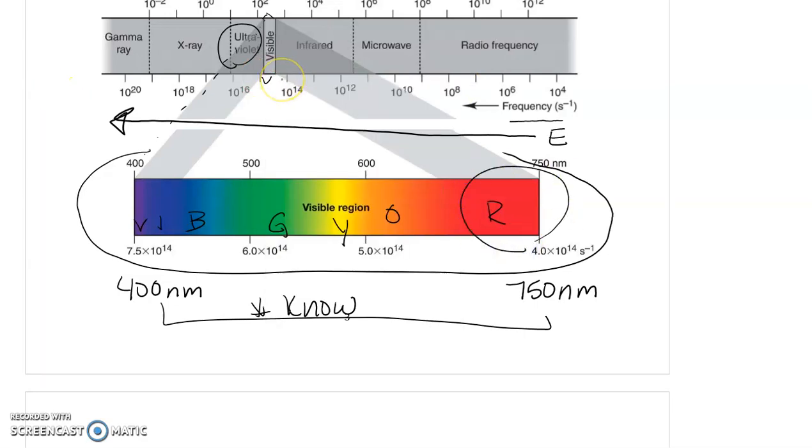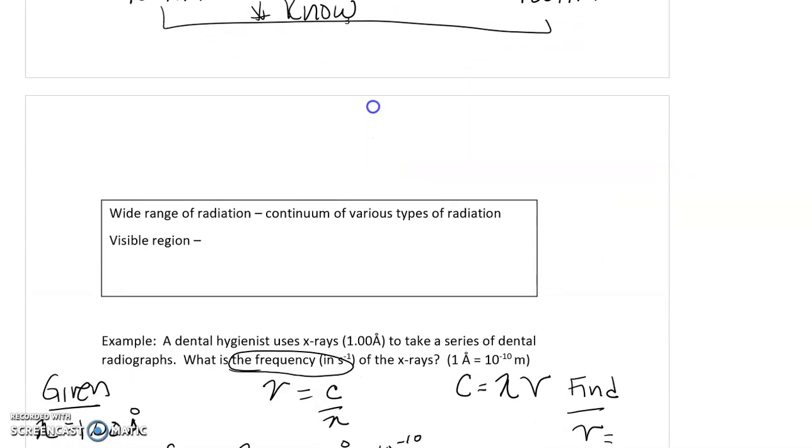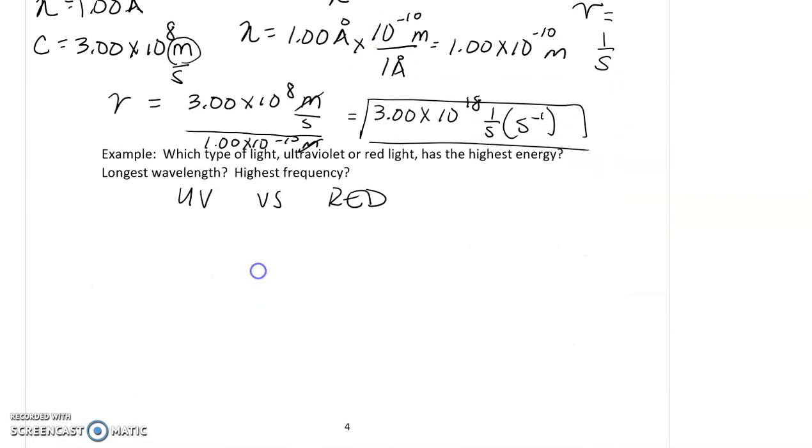So which one will have a higher energy? Well, UV light is to the left of visible, and energy increases as we go to the left towards gamma rays. So we know the highest energy has to be UV.